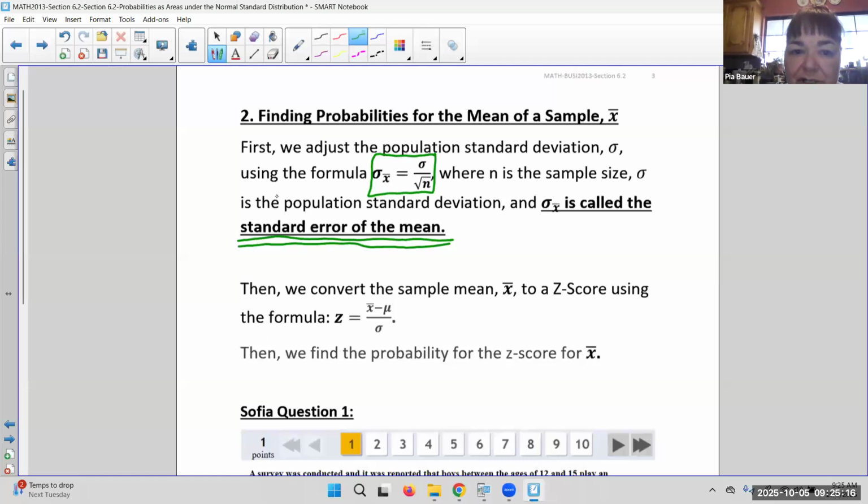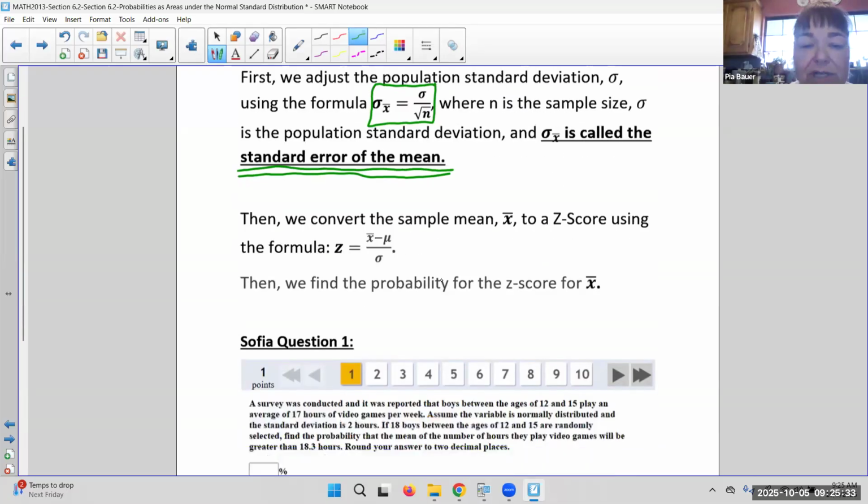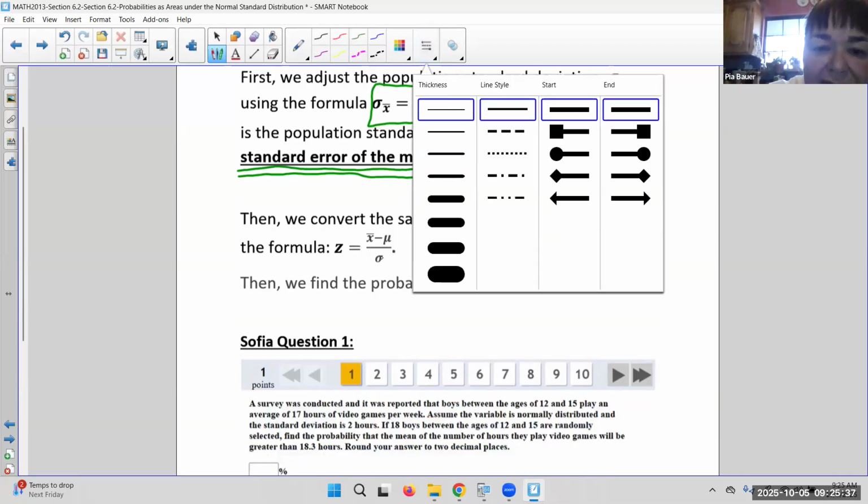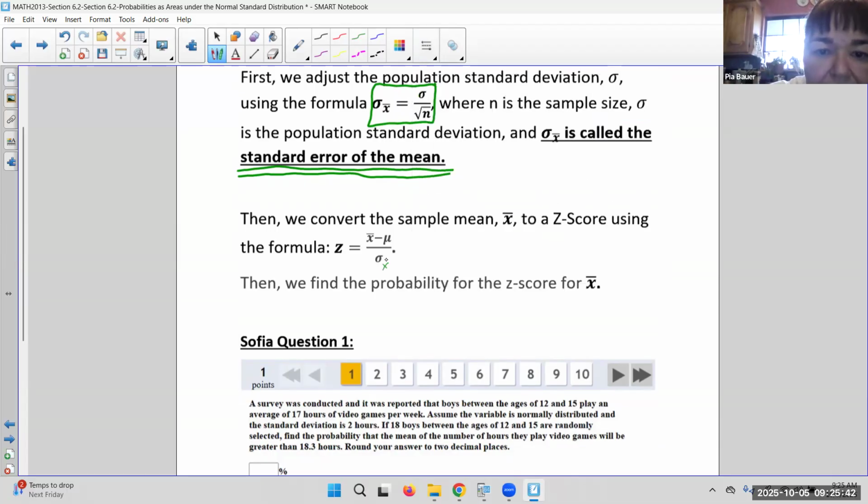So we have to adjust the population standard deviation in this way, and then we convert the sample mean x bar to a z-score. And I need to make a correction here. This should not be just sigma. This should be the sigma x bar that we just adjusted.